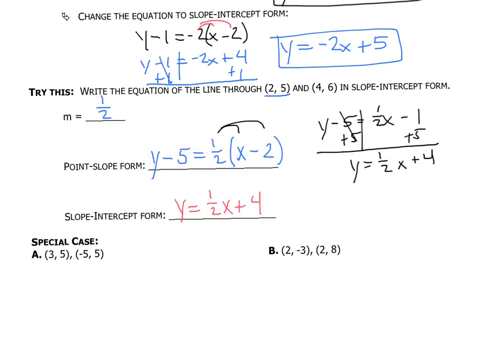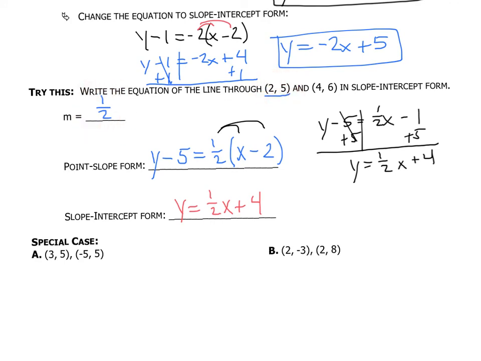All right. So given the 2 points again, I've used these 2 points and subtracted my y's and subtracted my x's to find the slope. 6 minus 5 is 1, 4 minus 2 is 2, so my slope is 1/2. I then chose this first point to use in point-slope, so now I have a slope and a point.